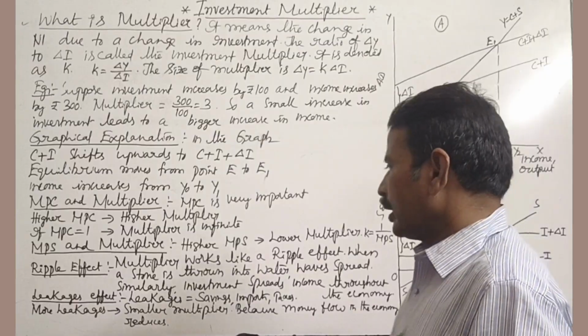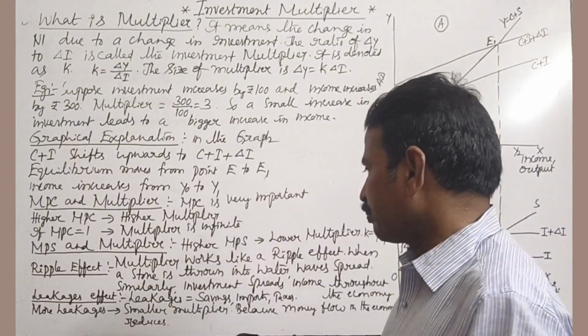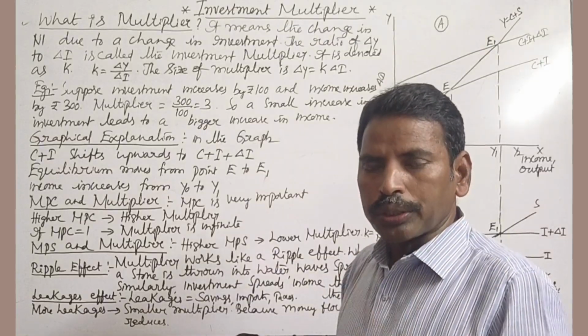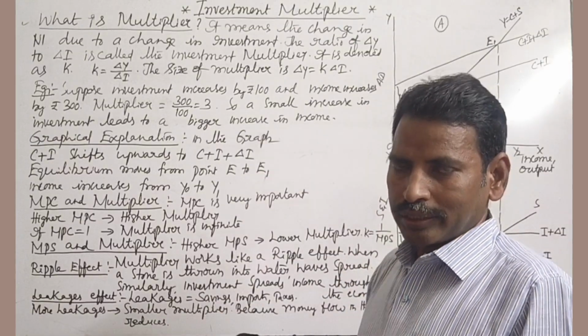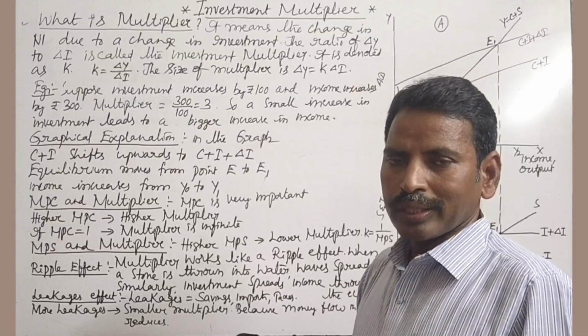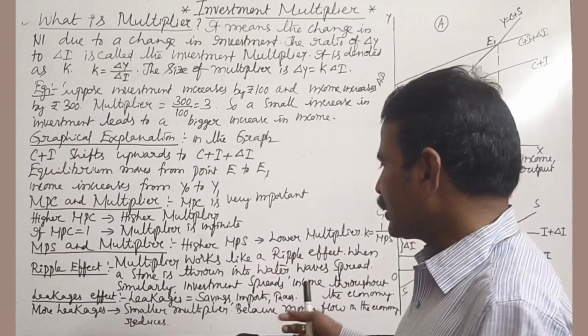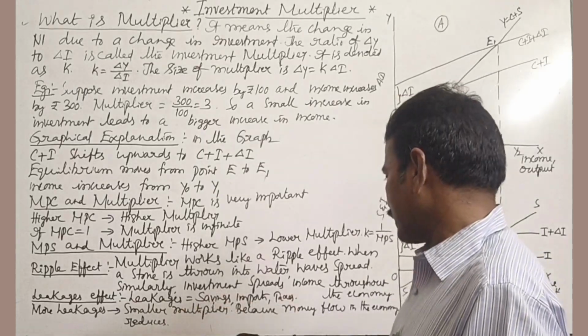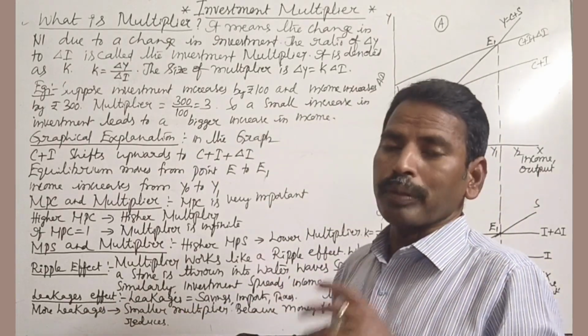Next, leakages effect. Leakages are equal to savings, imports and taxes. Savings, imports and taxes are the best examples of leakages. So more leakages, smaller multiplier.